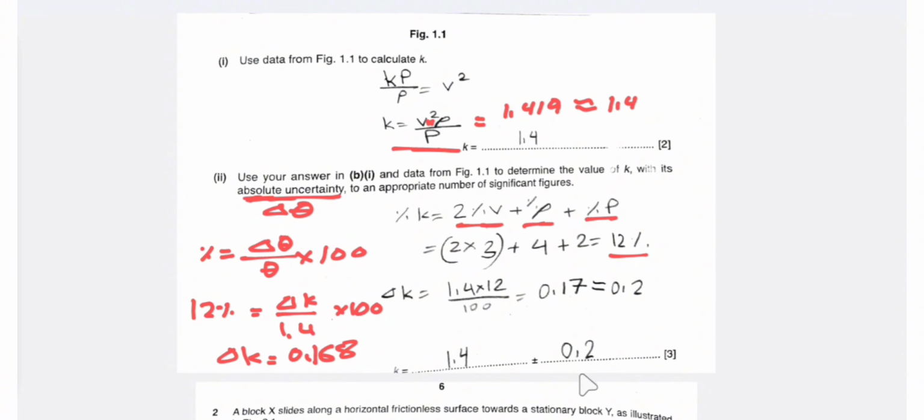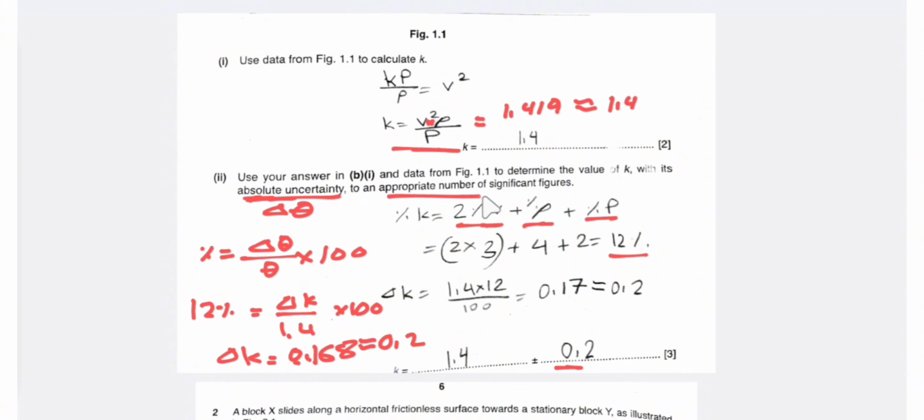Whenever we write the value of uncertainty, we give the answer to one significant figure, so this is approximately 0.2.